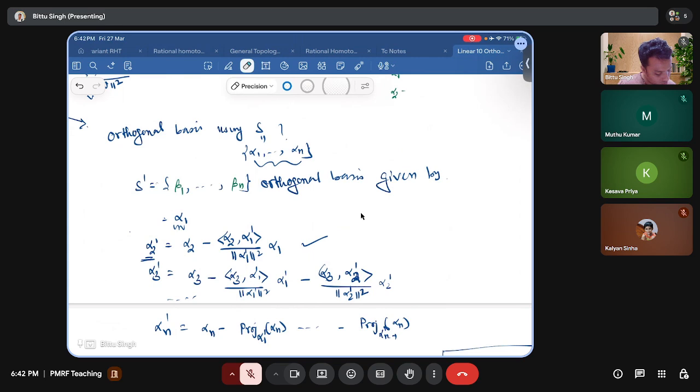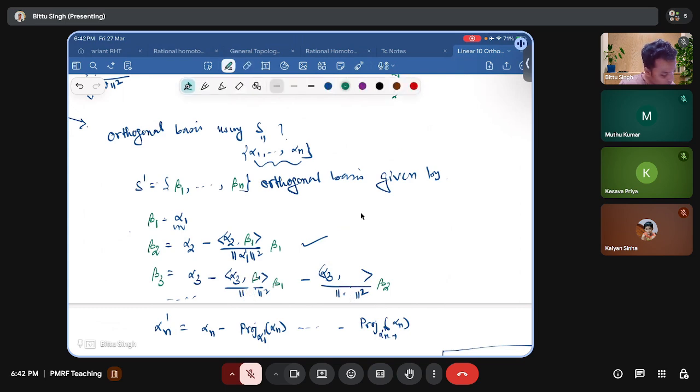This is beta 1, this is beta 2, this is beta 3, in the direction beta 1 and in the direction beta 2.